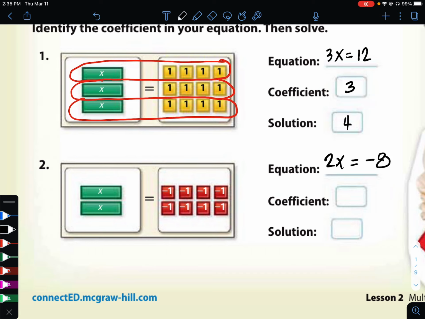You have negative 8y equals 24. Again, we write the problem down: negative 8y equals 24. If you notice, we want to isolate y. Therefore, we need to undo negative 8. We know that negative 8y means negative 8 times y, so to undo multiplication, we need to divide both sides by negative 8.